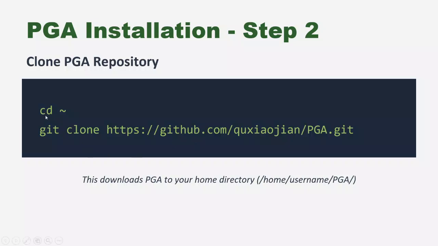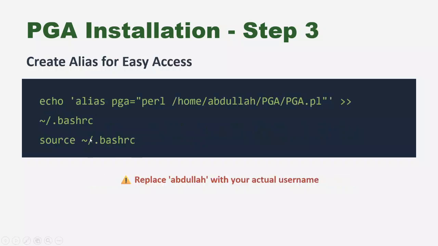We will just type these two commands. After that, we will make the alias for PGA by putting just these command lines.